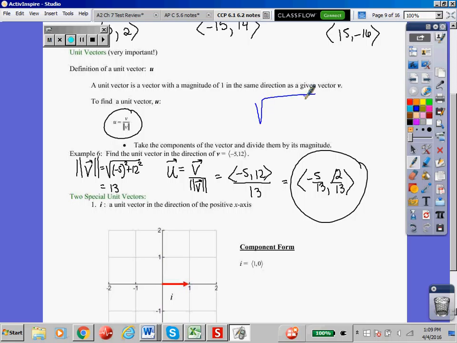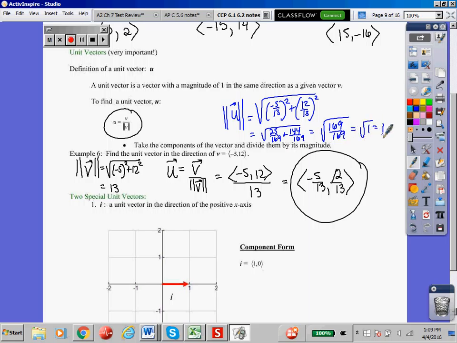If I want to do the magnitude of this one, negative 5 over 13 squared plus 12 over 13 squared, that's 25 over 169 plus 144 over 169. Guess what? That's the square root of 1, which is 1. So this formula is forcing it to have a length of 1, which in some instances is what you want.